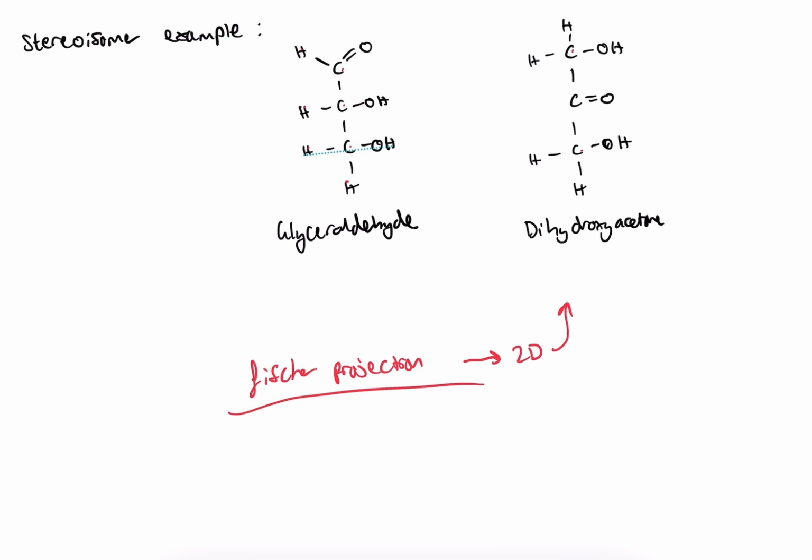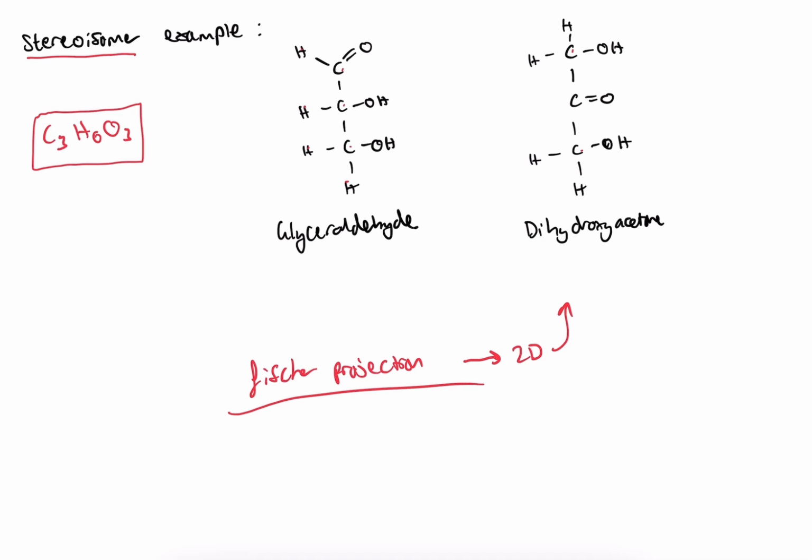Same number of hydrogens, same number of carbons, and of course, same number of oxygens as well. So in both cases, we have C3H6O3. And therefore, we can clearly see a different arrangement of atoms, but obviously the same molecular formula, which is here. And this is what we call a stereoisomer.